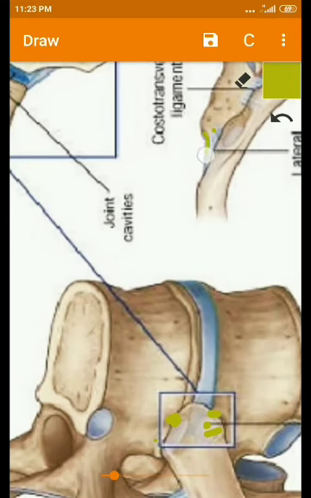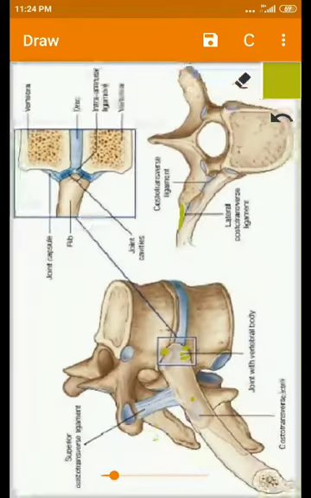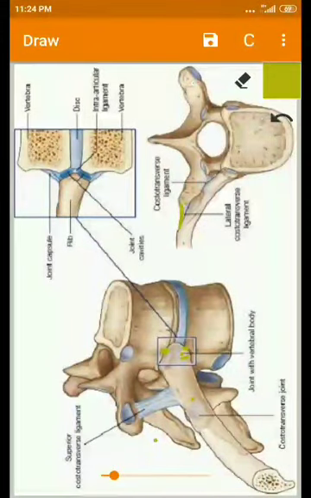The tubercle has an articular and a non-articular part, and the non-articular part is attached to the lateral costotransverse ligament. So these are the ligaments which support the costotransverse joints.